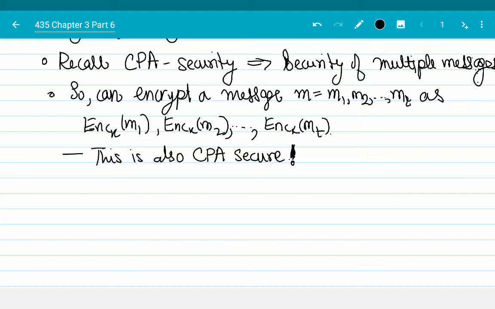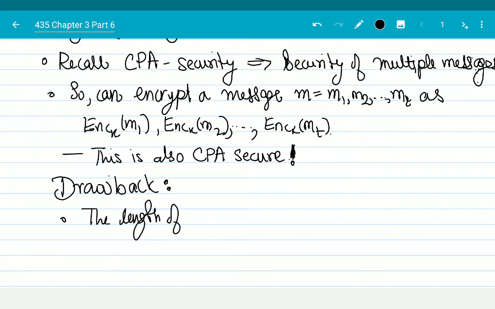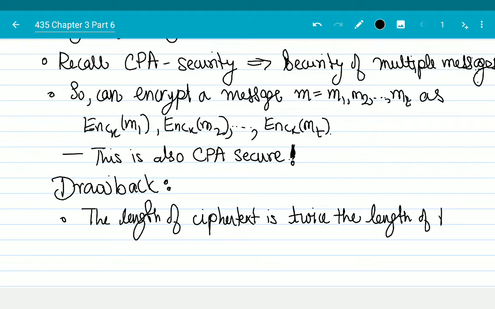However, what is the major drawback? The single biggest drawback that we have talked about before is that the length of the ciphertext is twice the length of the plaintext.